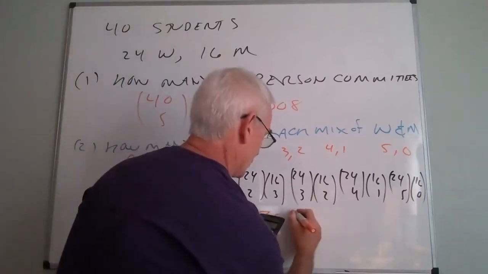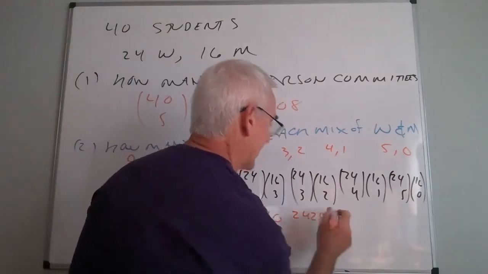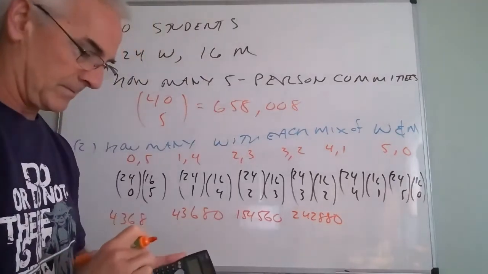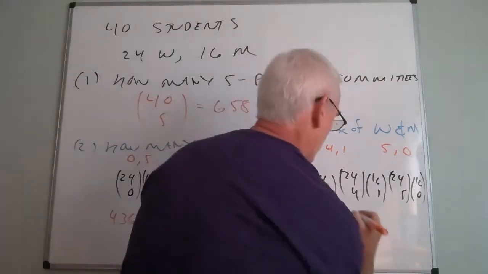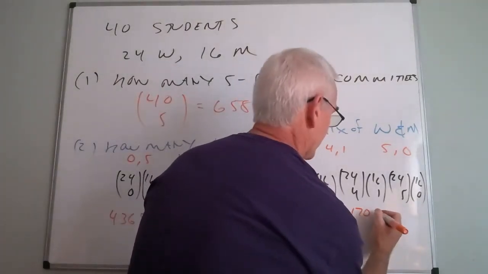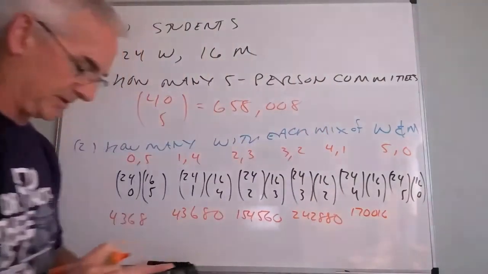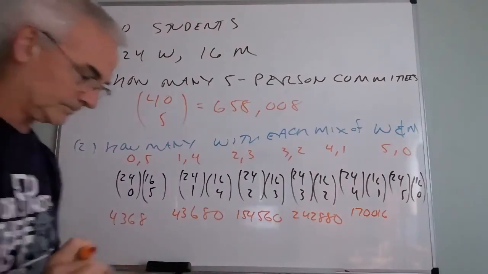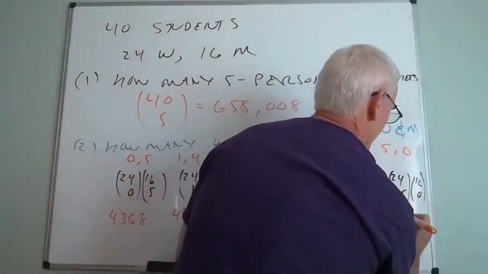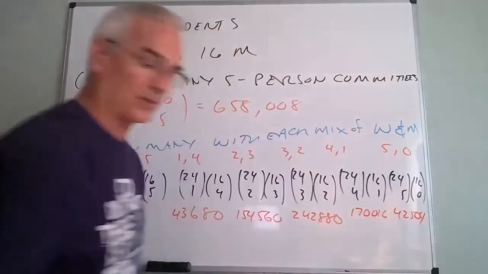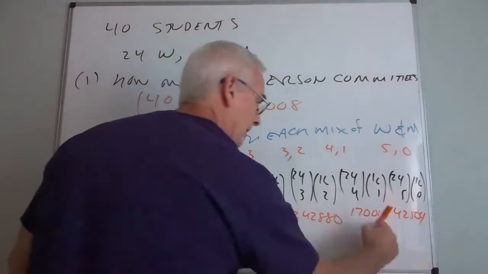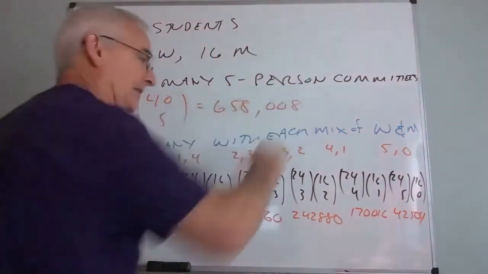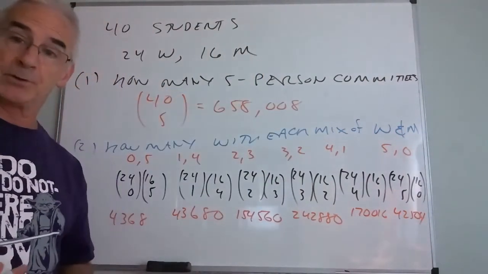That's even bigger, 242,880. 170,016, and then the last one, 42,504. Now, none of these calculations are taxing, none of them are difficult. If I add these numbers up, it has to add up to this because I've just listed every possibility.